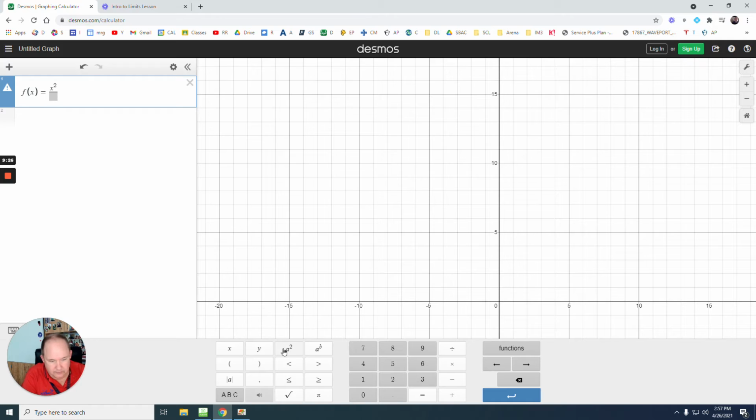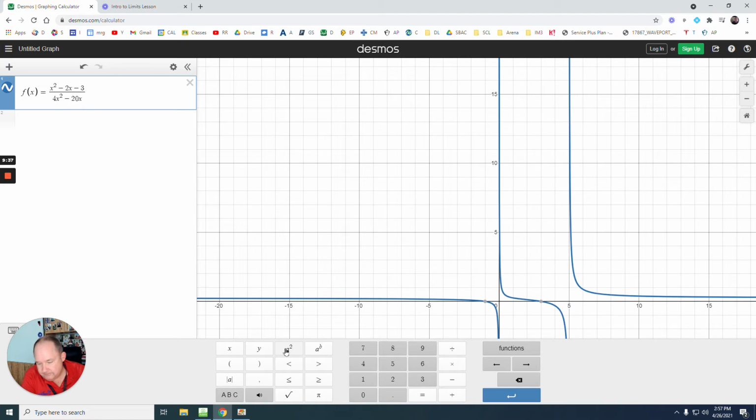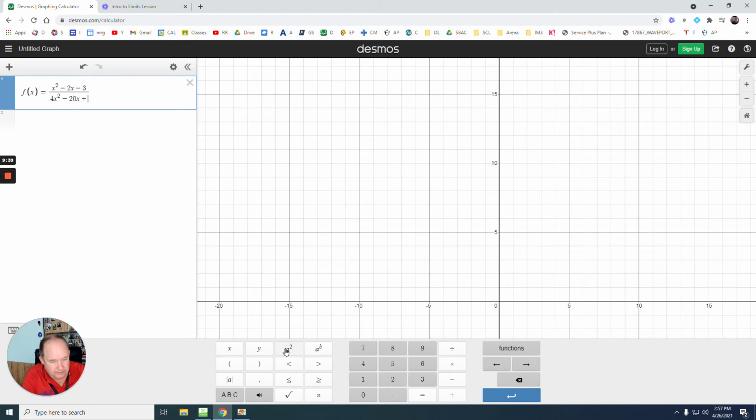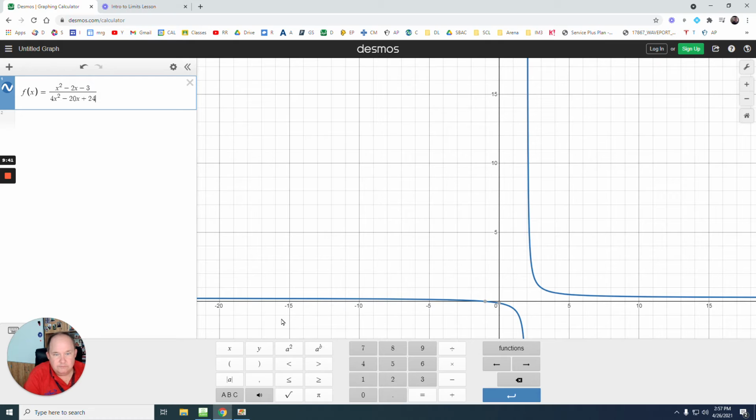So x squared subtract 2x subtract 3. In the denominator, 4x squared subtract 20x plus 24. And then we want to know as x approaches 3.